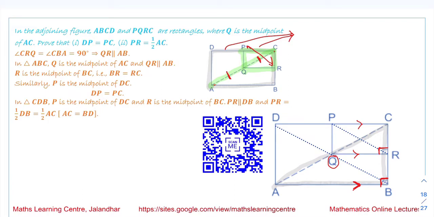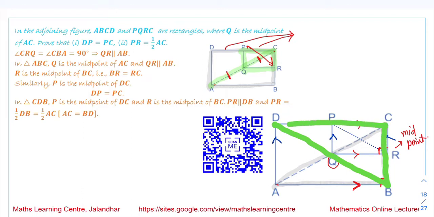Then the next thing we have is that the line QR is parallel to AB. So R is the midpoint of BC. Similarly, this line PQ, AD and BC, these three are parallel to each other. Now consider this triangle DBC.